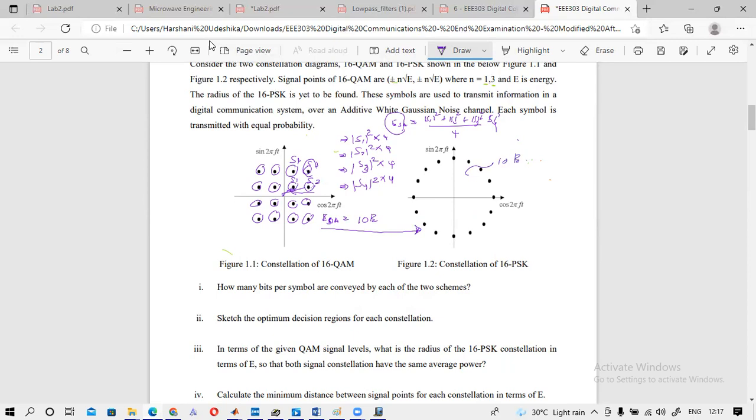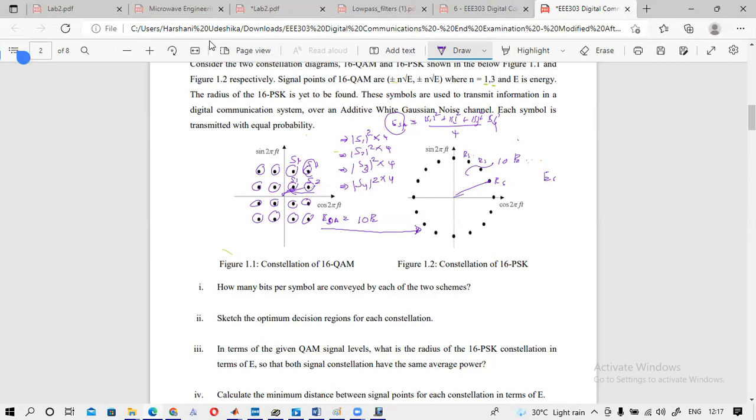You know that in PSK all these symbols have the same energy. So this has one energy, this also will have the same energy, and this also. If I find the average symbol energy, it will be Es, the energy of one symbol. So the average energy should be 10E.